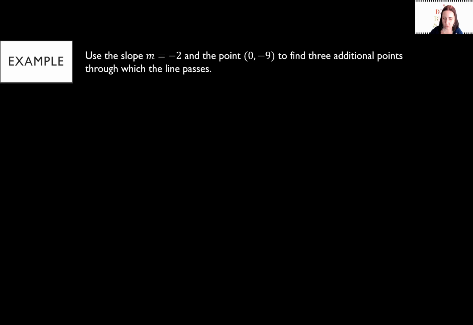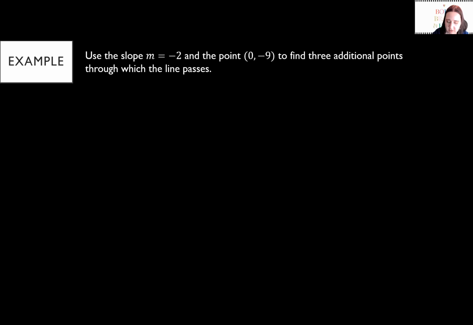Okay, so I've got one last example of slope and using the formula and what it means. So this is sort of a thinking kind of problem. So we're given a slope in this case. Use the slope m equals -2 and the point 0, -9 to find 3 additional points through which the line passes.